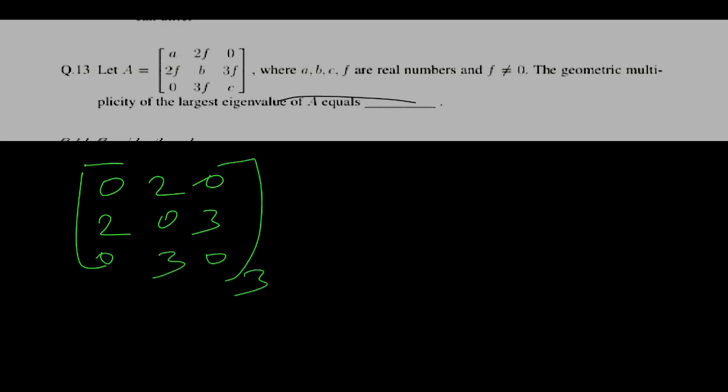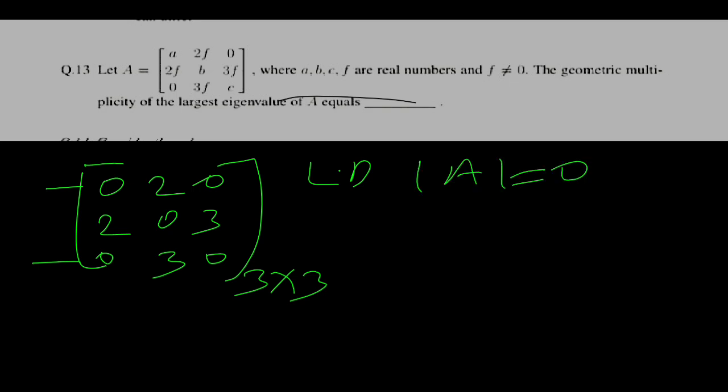In the given 3 cross 3 matrix, the first and third rows are linearly dependent, so the determinant of A should be 0.